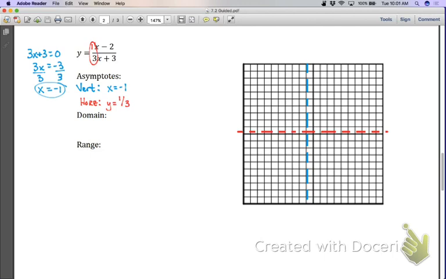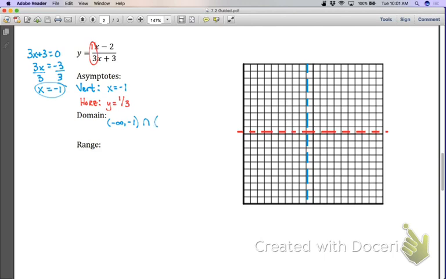Now, for your domain and range, again, you can just go ahead and put what you want. You know it's going to run from left to right as far as your domain is concerned. So, where's your domain coming from? It's coming from -infinity. Where's it going to get to before it has to jump? -1.